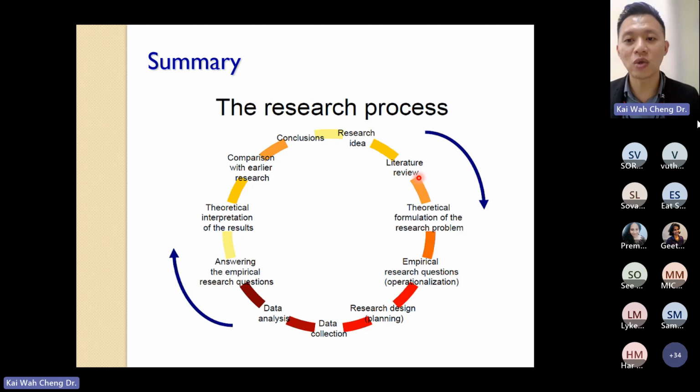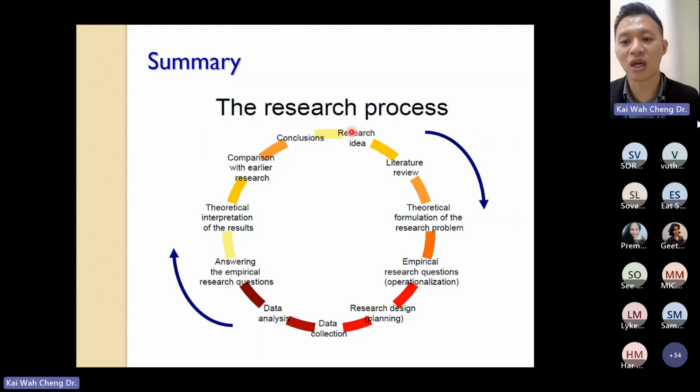And we also need to understand the trend of the variable in the previous research. So this is why we need to have a literature review with us. Then we will construct a research framework based on what we have found here and here.